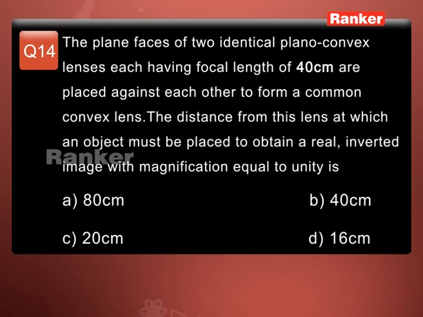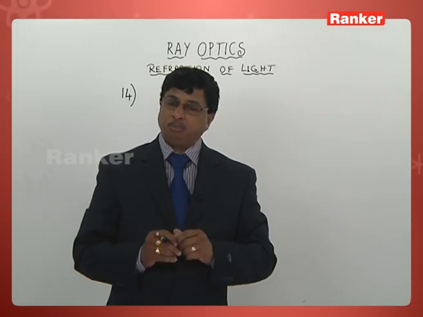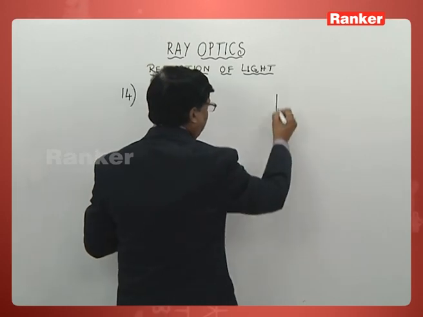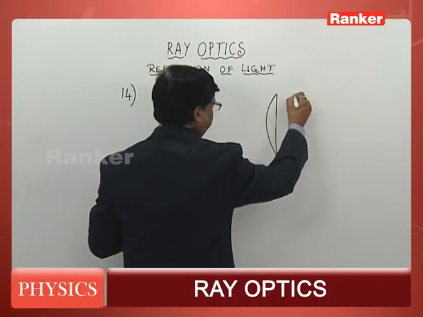The plane faces of two identical plano-convex lenses, each having a focal length of 40 centimeter, are placed against each other to form a common convex lens. All might have understood what exactly he is talking about. Two plano-convex lenses, he has taken them.